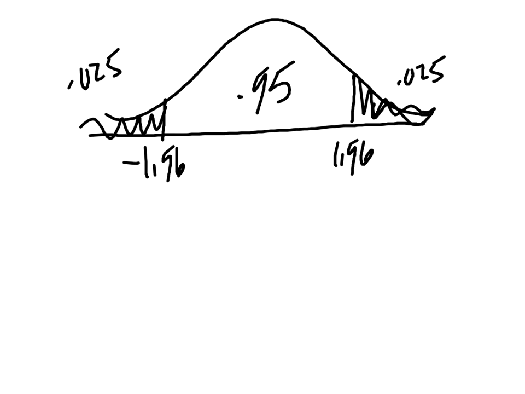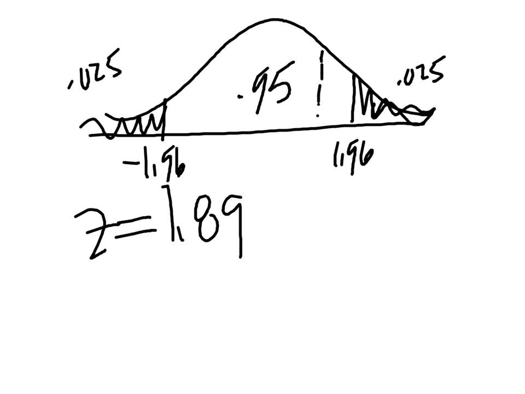They take all that information and they figure out, I'll leave this for you to follow their calculation, they get a z-value of 1.89. Okay, clearly already we know that 1.89 would be maybe right here.